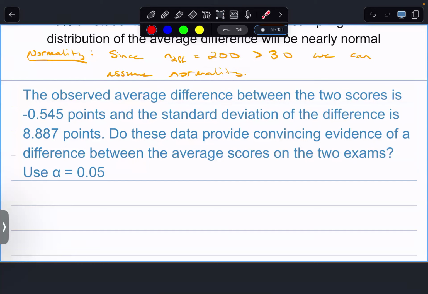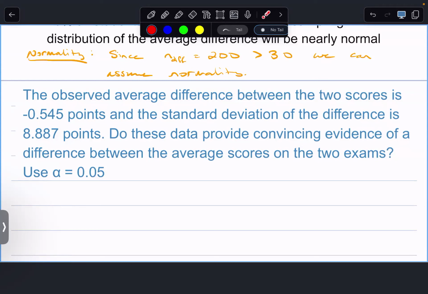So sometimes I'll give you the information like this in a blurb, or sometimes I'll give it in a table where I include information on the reading and the writing scores, as well as the differences.